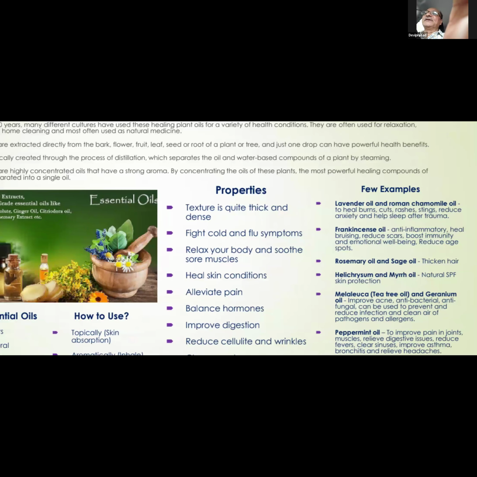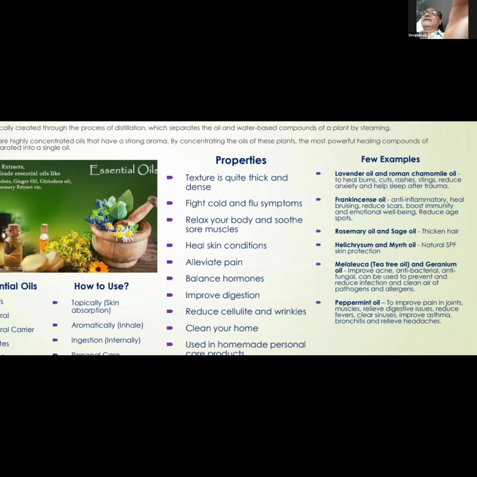Some examples: lavender oil and Roman chamomile oil heal burns, cuts, rashes, stings, reduce anxiety and help you sleep after trauma. Okay, then frankincense oil: anti-inflammatory, heals bruising, reduces scars, boosts immunity and emotional well-being, reduces age spots.